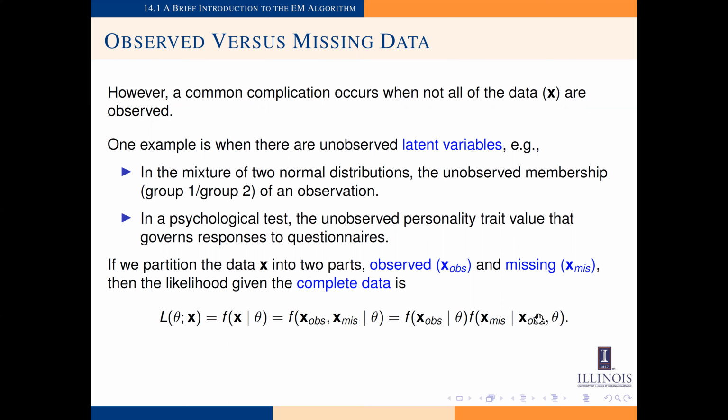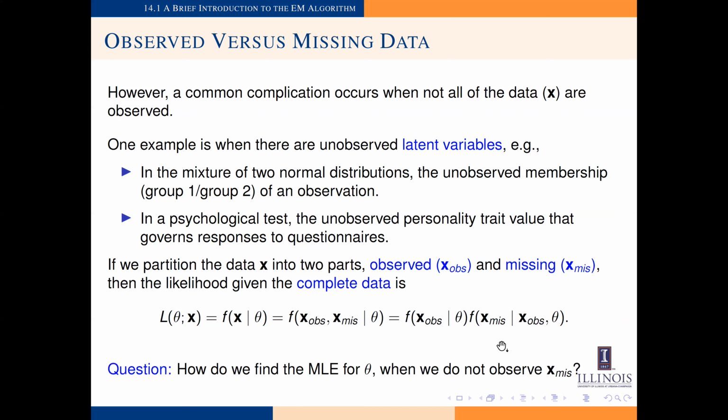You can also write this as the marginal distribution of the observed data given theta and the conditional distribution of the missing data given the observed data and theta. But note, in reality, we do not observe the complete data. We only observe x_obs, and we don't have this part.